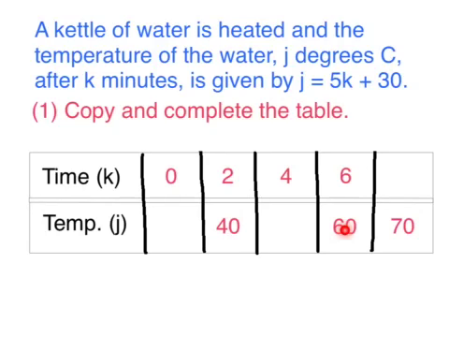So, what happens if K equals 0? So we're plugging in 0 for K. 5 times 0 is, of course, 0, plus 30. If K is 0, then J should be 30. And when K is 4, 5 times 4 is 20, plus 30 gives us 50.